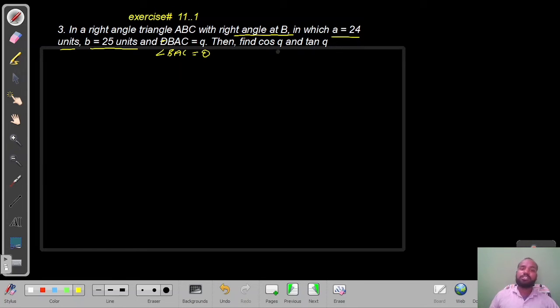Then find cos theta and tan theta. Here, instead of theta we are getting Q, so please consider it as theta. Let us move to the solution.